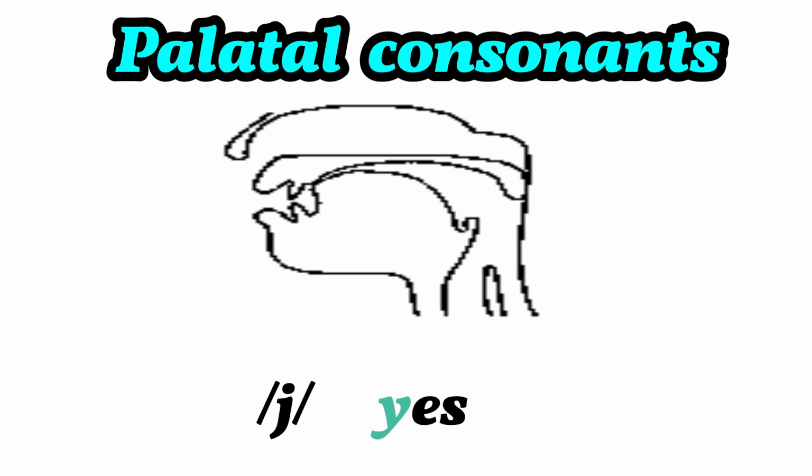Sometimes they are produced with the front of the tongue near or touching the hard palate, as in yeah, we saw it. Or, and this is the other variation, with the blade of the tongue near the hard palate, the ceiling of the mouth, as in ch, in this word, chin, for example.